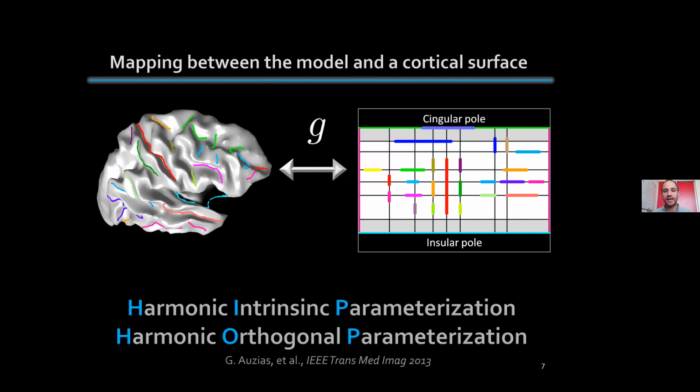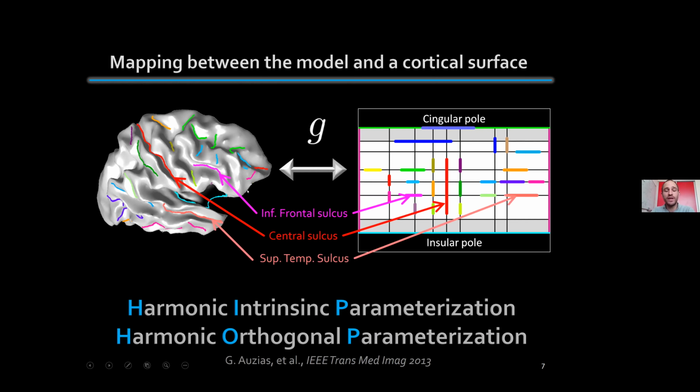Now let's assume that we have a model. I will go back to that, and we have the brain from one individual. The technical question is how can we map the brain onto the model, or the reverse? We do that with the technique that has been published here. It's not hip-hop, it's fun, and it makes sense because there are two steps here. Conceptually, what we want is to map the model on the surface based on physical landmarks.